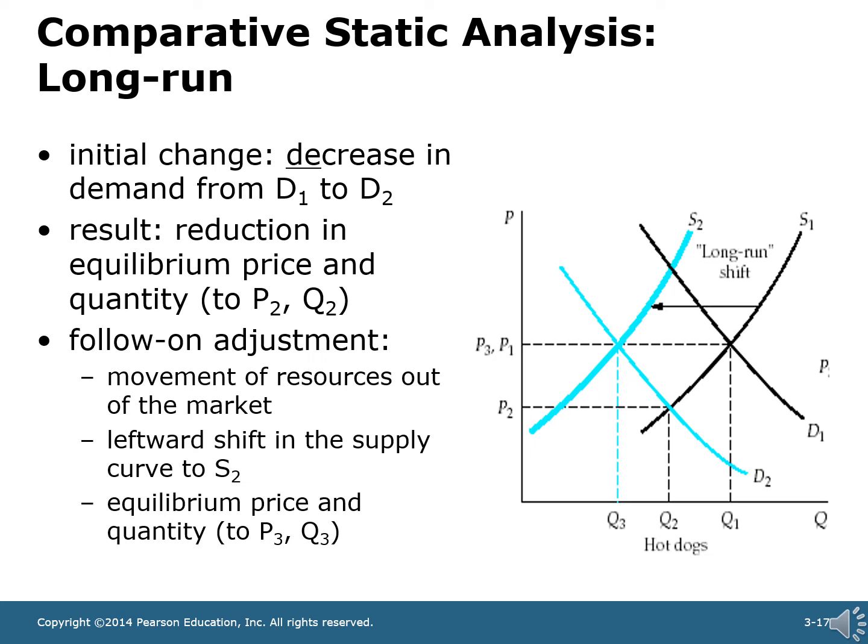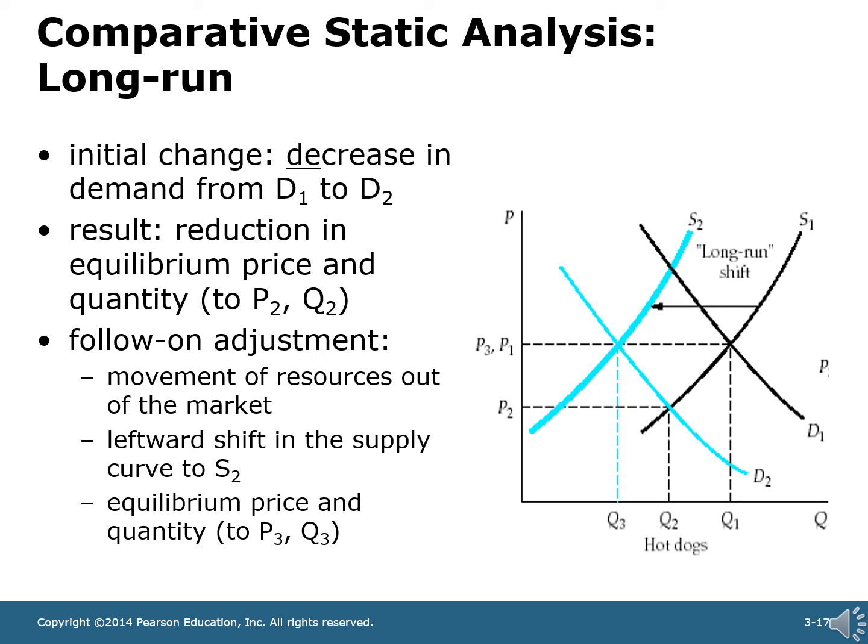When resources leave because either firms are exiting the market or they're decreasing their lines of production, things like that, we're going to see the supply shift over the long run to the left. So we'll move from supply curve S1 to S2. These resources are going to continue leaving the market, and producers will continue to decrease their production or leave the market entirely until the price rises back up to the initial equilibrium price.